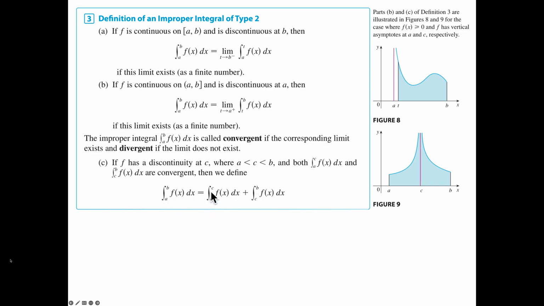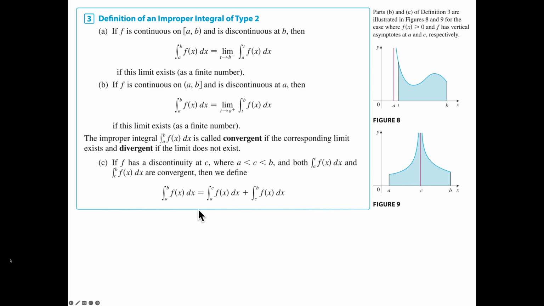Lower bound A to C, and then from C to B. We'll break it up that way, and then we'll take the limit as we approach C. For this one we're coming in from the left side, and over here we're coming in from the right side.